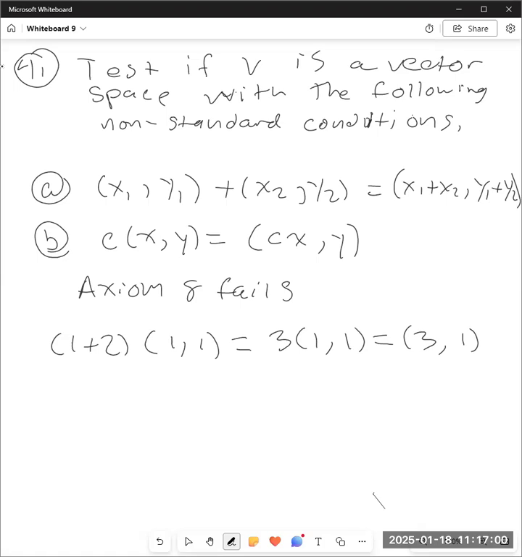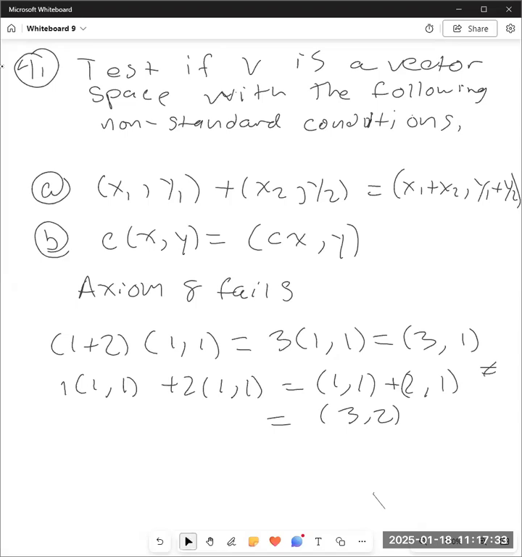But if I take 1 times 1, 1, plus 2 times 1, 1, that would be, by our definition of multiplication given here, 1, 1 plus 2, 1. And then using our standard definition of addition that's up here, that would give us 3, 2. And these things are not equal. So that's why axiom 8 fails.